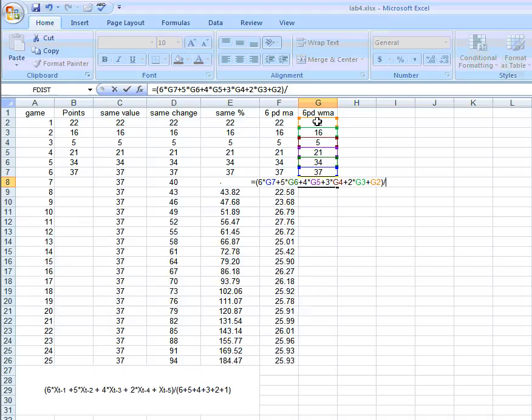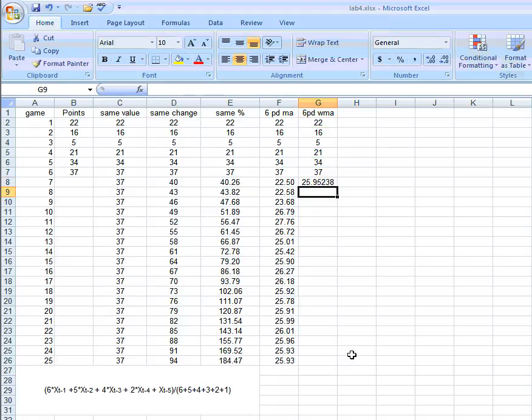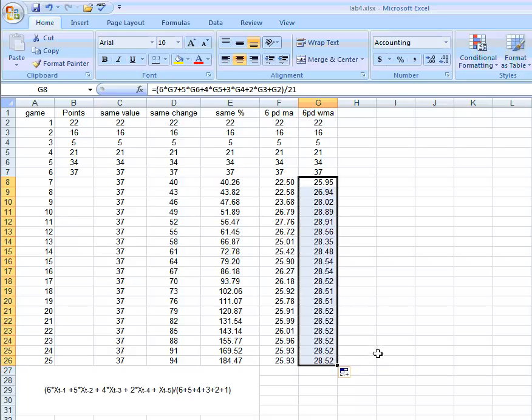Then divide by, if you're confident in your addition, you can just type in 21. If you're not confident in your addition, type in parentheses 6 plus 5 plus 4 plus 3 plus 2 plus 1. Going to convert that to a number and plot that. You use weighted moving average when the more recent periods are more important than old periods.